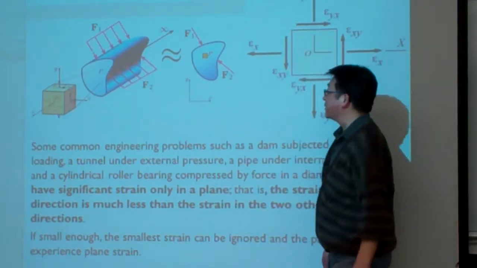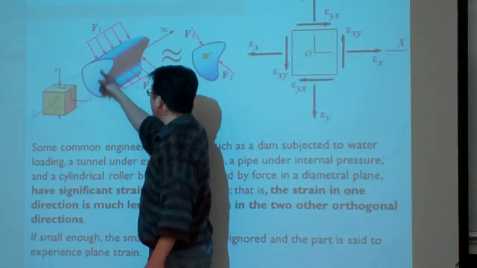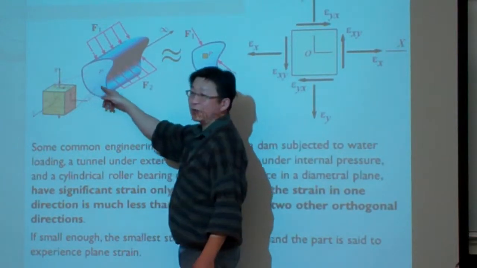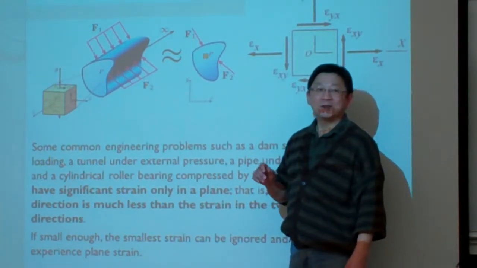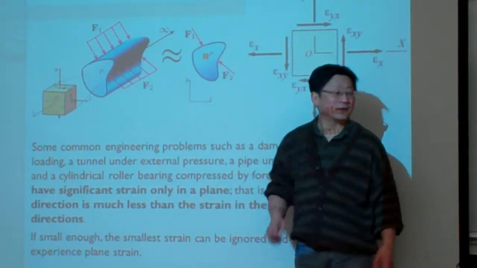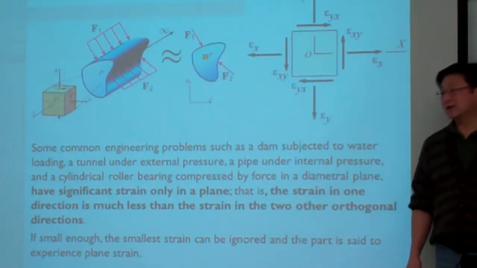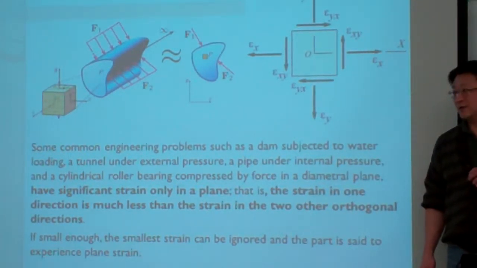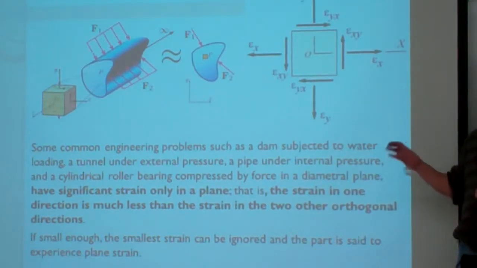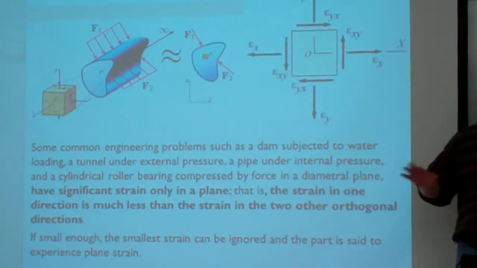Let me again pick up, this is the x direction, y direction, z direction. So all the strain components with a z component will be 0. Compared to our plane stress, the plane stress is all the stress components with z equal to 0. The plane strain is all the strain components with z equal to 0. So that's the opposite side.